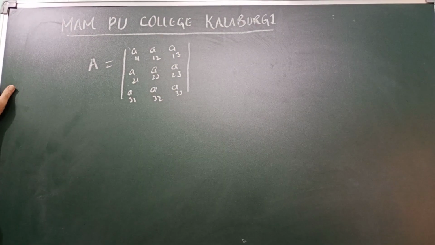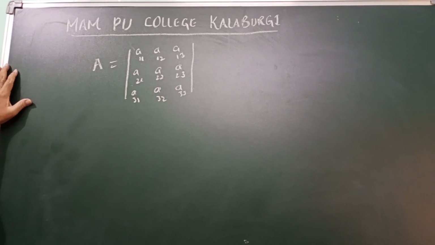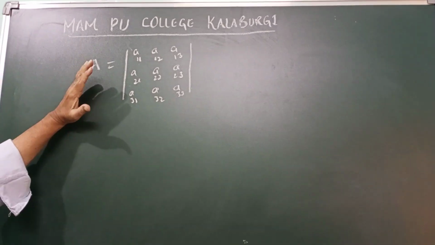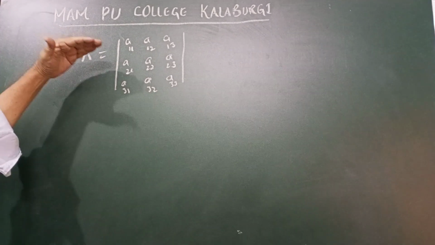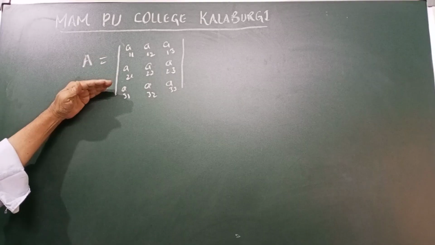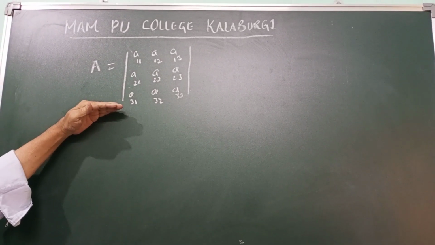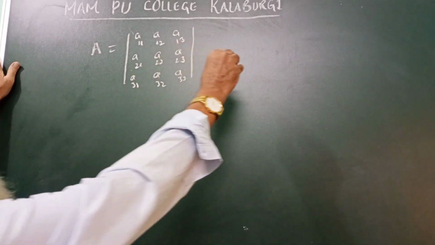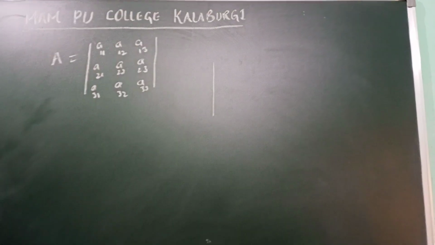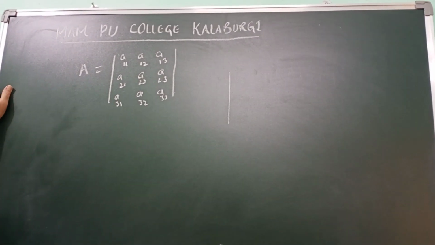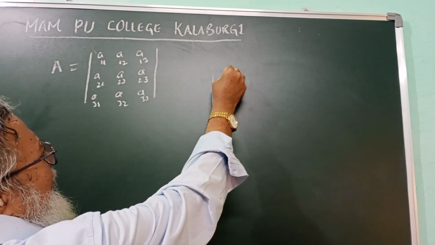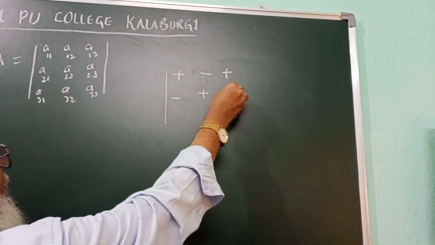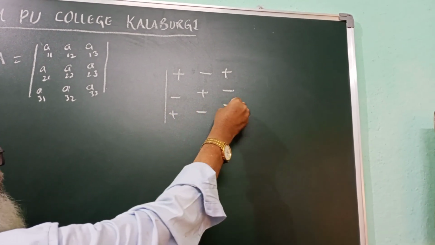This is the determinant. Now we are expected to expand it. Expansion can be row wise or column wise. We may expand first row wise, second row wise, or third row wise, depending upon the given question. Whichever is advantageous to us, we have to take. Before expansion, there is one formula given in our textbook. You may use that formula, or simply if you remember the appropriate sign for this expansion, it will be better and easier also.